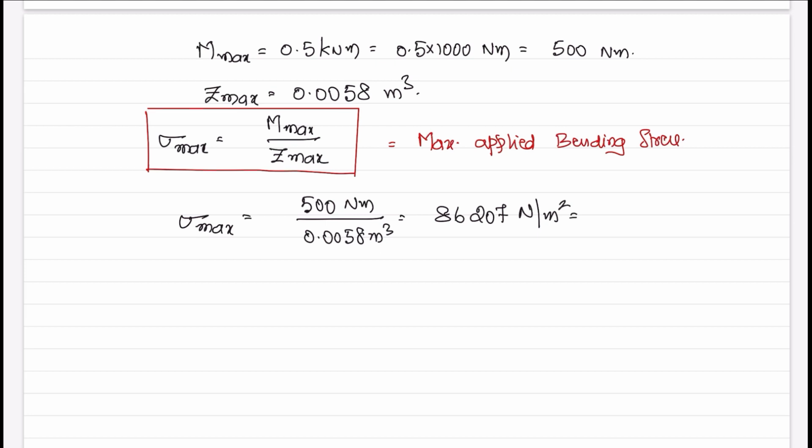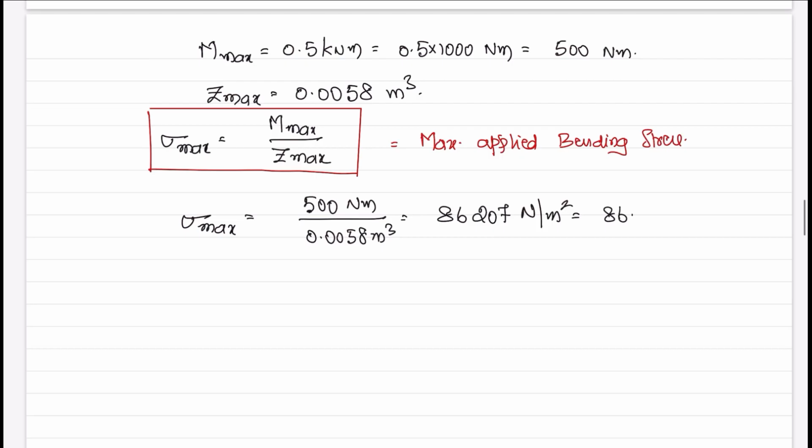When you convert it into kilonewtons, the practical unit, it is 86.207 kilonewtons per square meter. This is the value of the maximum applied bending stress. That is the limiting stress as per the problem given.